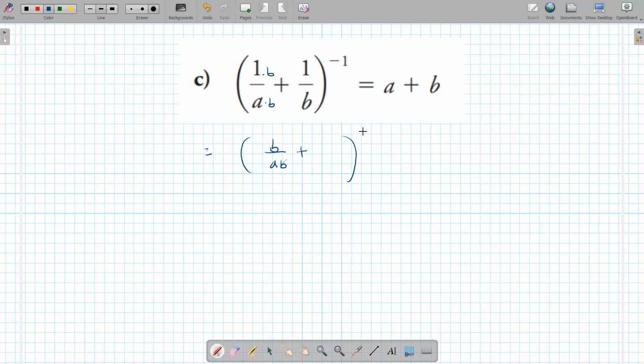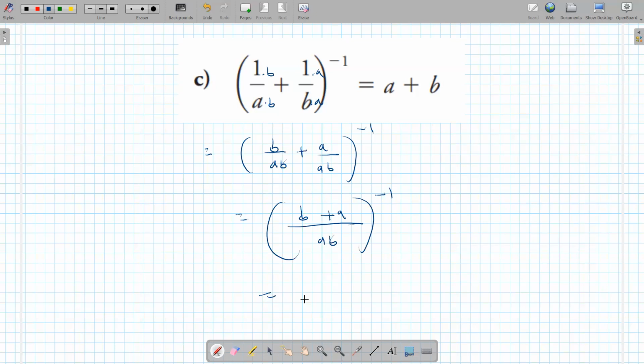What does the second term become here? You need to multiply this by A, right? For it to be AB on the bottom. So you'll get A over BA, which is the same thing as AB. Let's combine that. That's B plus A over AB to the power negative 1.